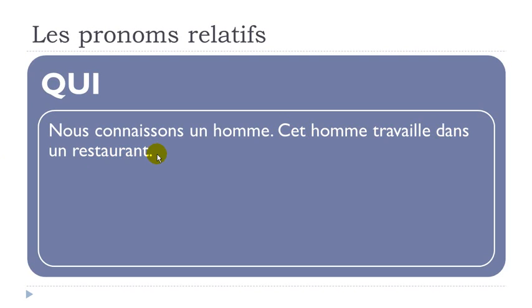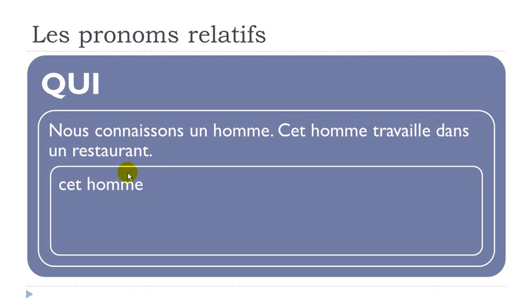But then if you look carefully, we repeat cet homme or un homme. Okay, we've got here cet homme, and it's here in the first sentence as well. Let's imagine that we would like to combine these two sentences, make one, and just avoid repeating un homme or cet homme.